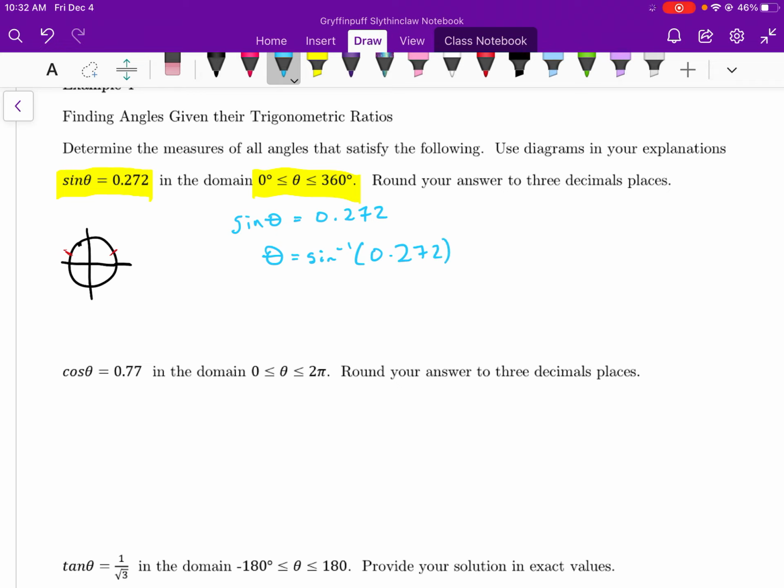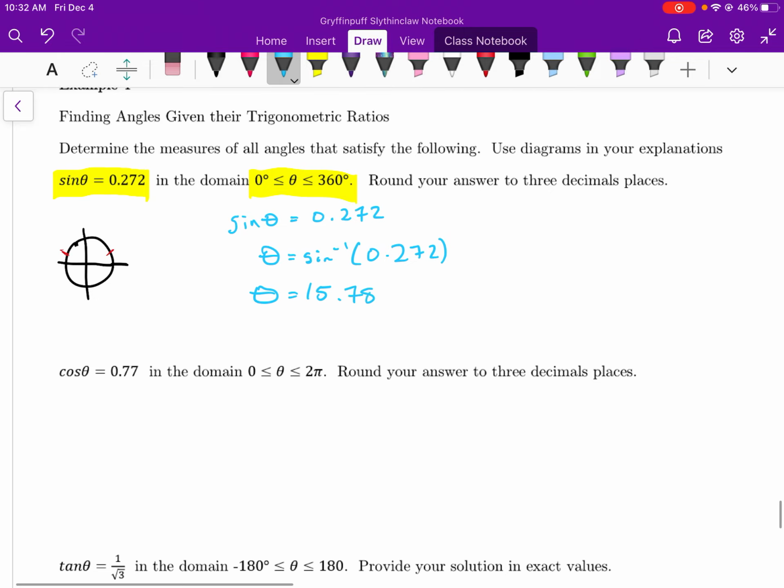And very quickly, I end up seeing that this is 15.783 degrees.